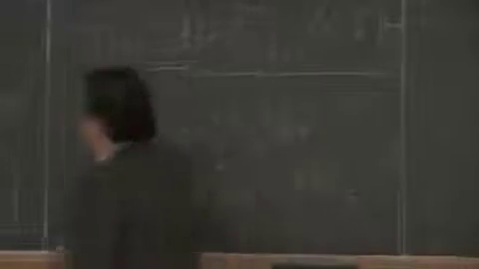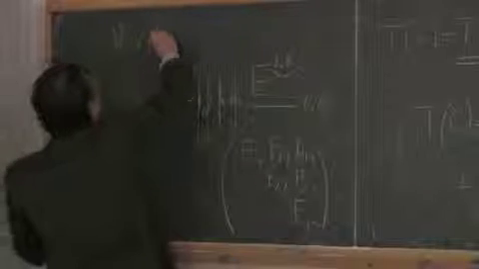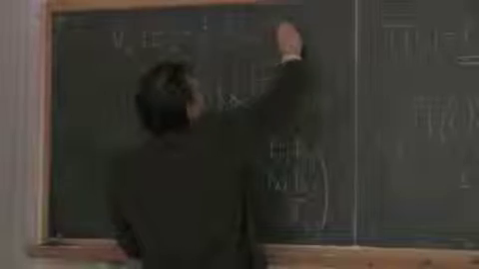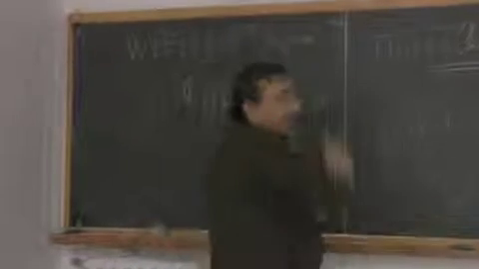And this quadratic polynomial gives you the energy W of E equal 1/2 E_ij C_ijhk E_hk. This is the quadratic form of energy.